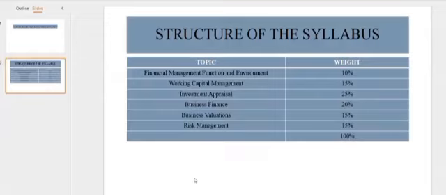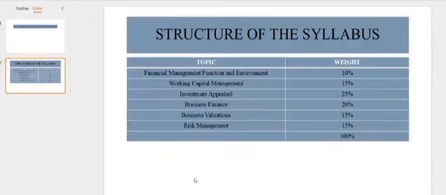So also, talking about working capital management, this aspect of the syllabus is 15% of the overall weight of the syllabus. Now, working capital is the capital available for conducting the day-to-day operation of the business.